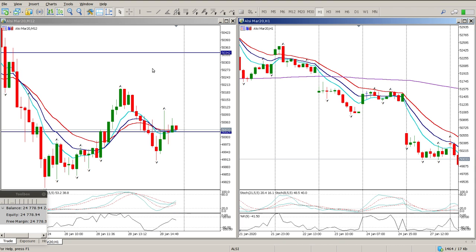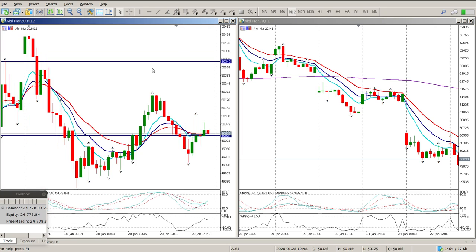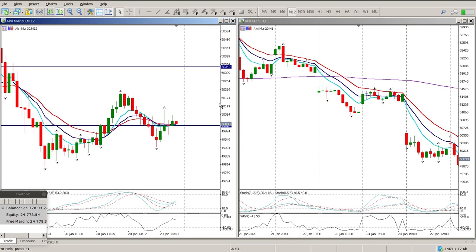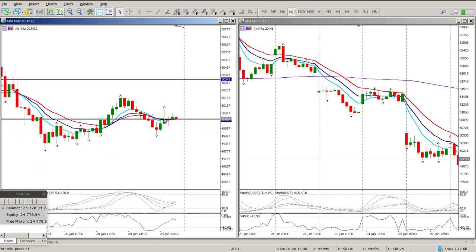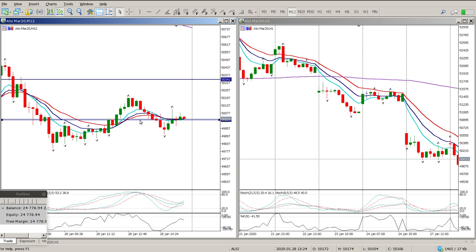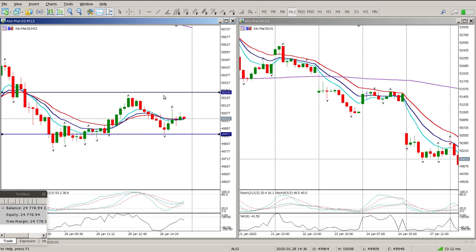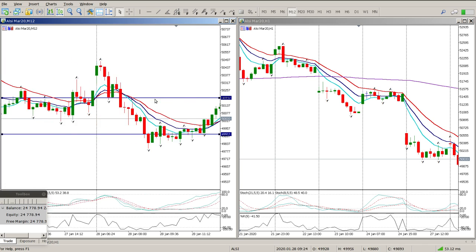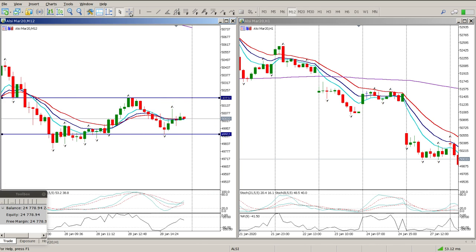I'll just get across to the 12 minute. Nope. The only structure I can actually see right now is going to be, I'm not really interested in this tail here, but that's kind of the structure or the range that I see forming at the moment.